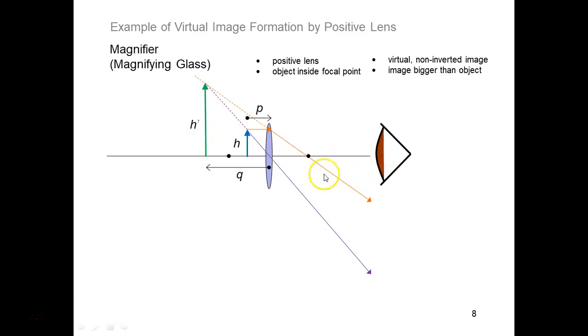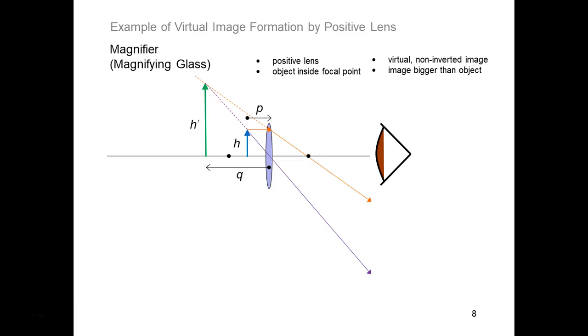We're going to talk more about this when we talk about the eye, but I wanted to point out what really happens. The rays that enter your pupil are going to hit the cornea first. These diverging rays get refracted, bent by the cornea. They go through your pupil, then through the lens of your eye, and those rays are going to be converged by the cornea and lens combination.